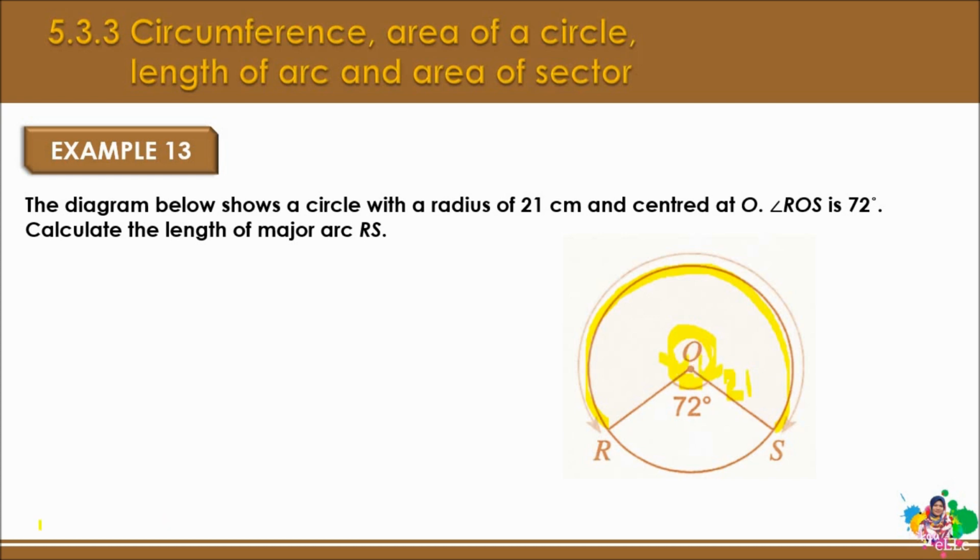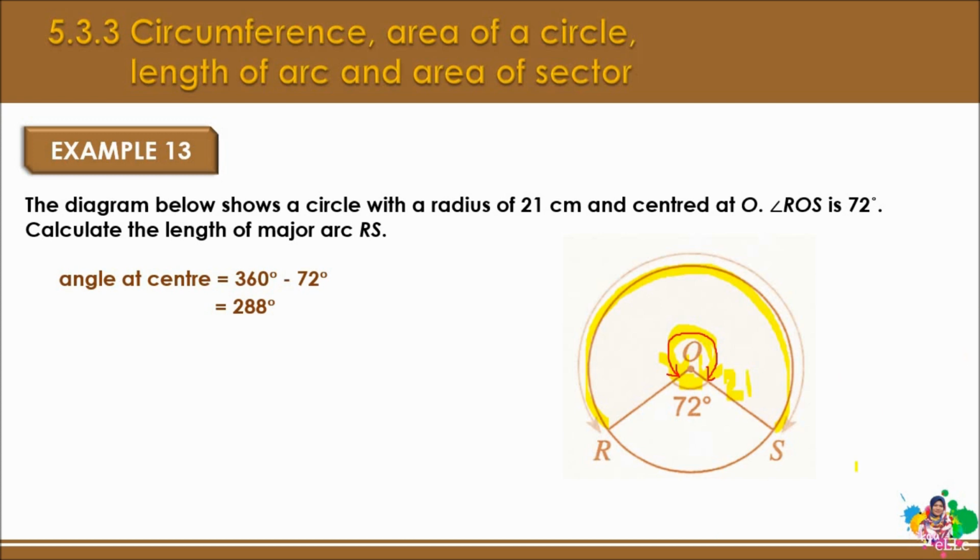I will make it clearer. So you have to find this angle. How to find this angle? 360 minus 72. So angle at center is 360 minus 72.